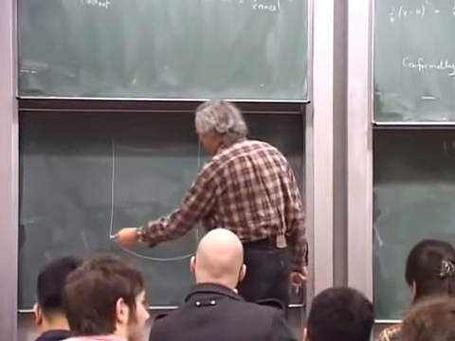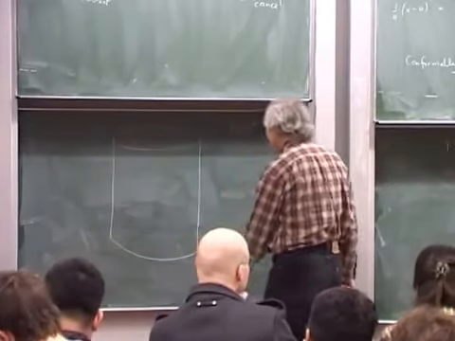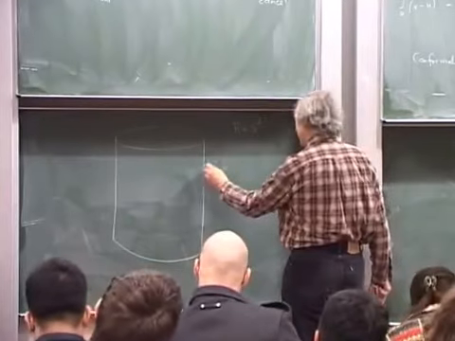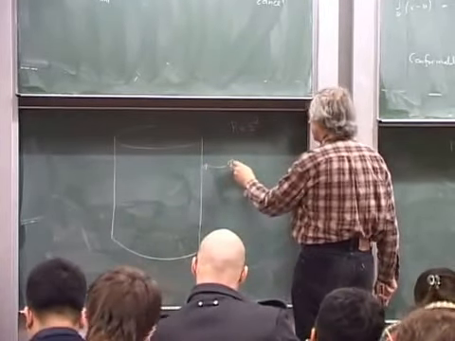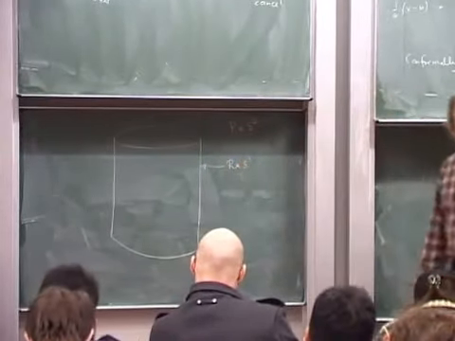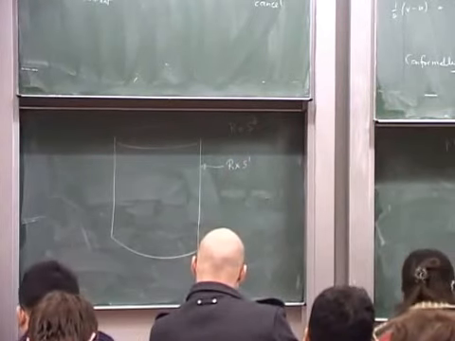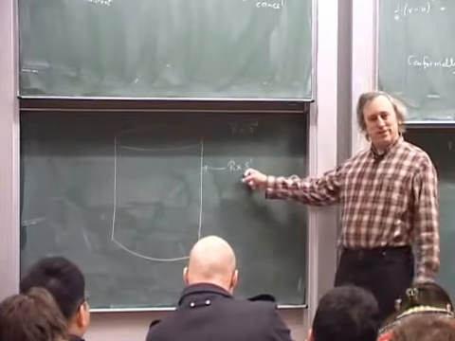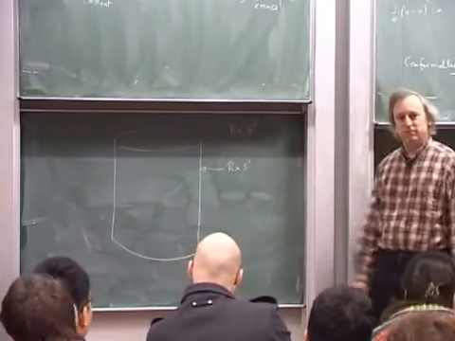Now, that is, of course, a spindle. What I've drawn here is R cross S1. And as every second year undergraduate ought to know, this is not simply connected, and this is.